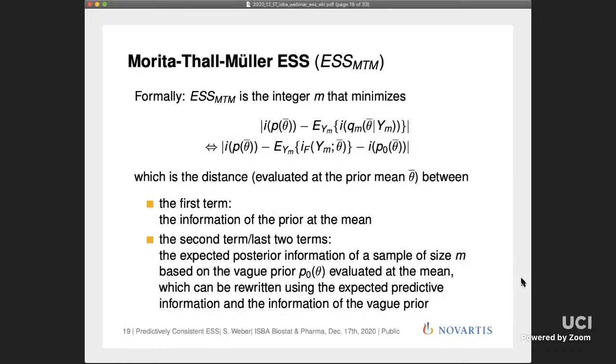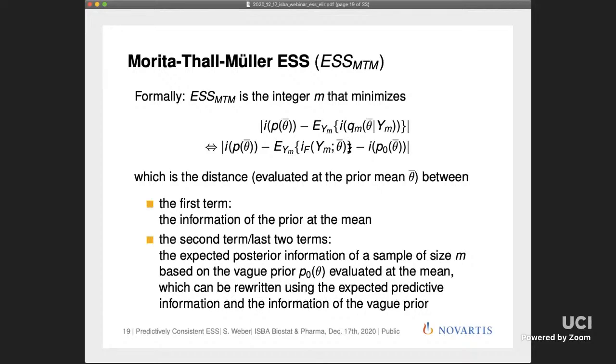Formally, the ESS from Morita, Tal, and Müller is the integer m that minimizes the two expressions here at the top. This is the difference between the prior information evaluated at the mean and the posterior information of a flattened prior, to which we add m events from the prior predictive, averaged over the prior predictive data coming from the prior. You can equivalently rewrite this, and you will see this trick a few times in the following slides.